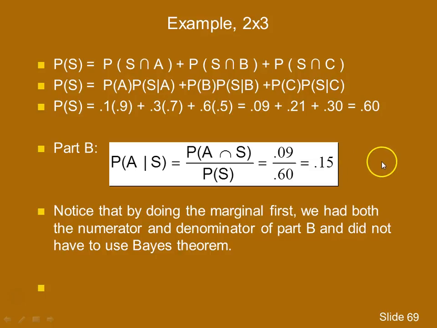By doing the marginal probability first, we really figured out both the numerator and denominator of part B, and we didn't actually have to use Bayes' formula per se. Okay, I never go bigger than 2 by 3s, so I think if you study these last three examples, you'll have a good idea of how to apply Bayes' theorem.